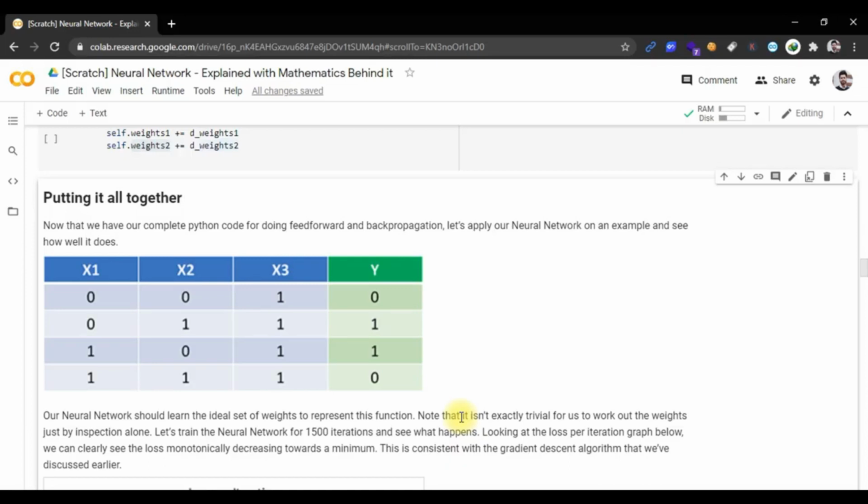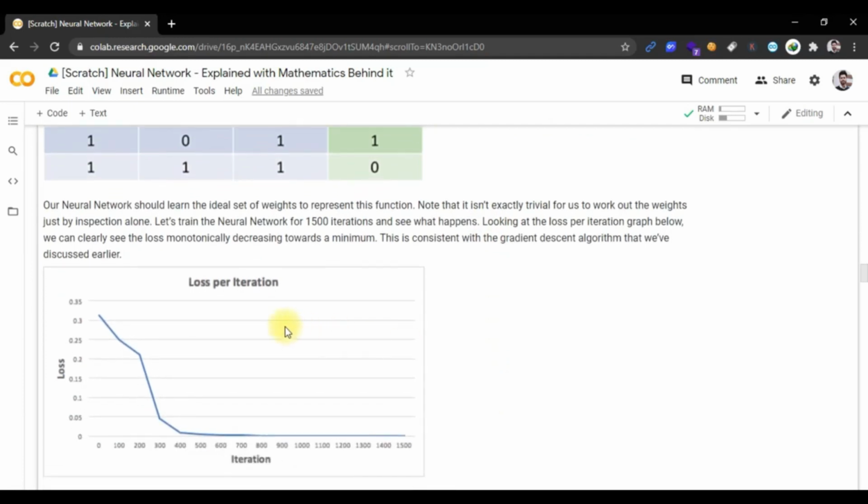Looking at the loss per iteration graph below, we can clearly see that the loss monotonically decreases towards the minimum. This is consistent with the gradient descent algorithm that we have discussed earlier. We just have to keep updating our weights and biases and use more iterations to make our neural network look perfect.